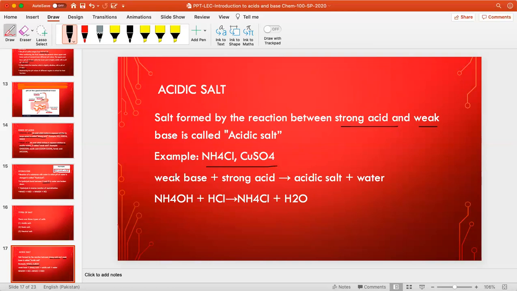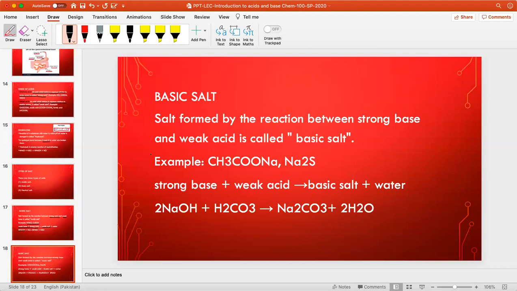Whenever a weak base reacts with a strong acid, an acidic salt is formed, plus water. Take the example of ammonium hydroxide, which is a weak base. It reacts with a strong acid to give you ammonium chloride salt and water. This ammonium chloride is known as an acidic salt.